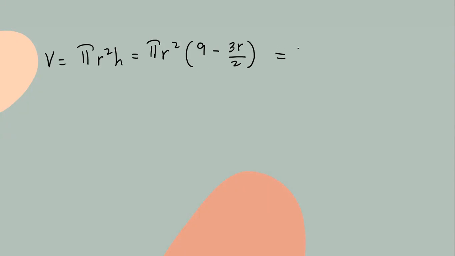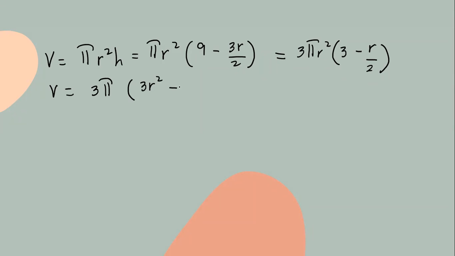Therefore, this is 3 pi r squared times the quantity 3 minus r over 2. Distribute the r squared. Your volume is equal to 3 pi times 3r squared minus r cubed over 2.